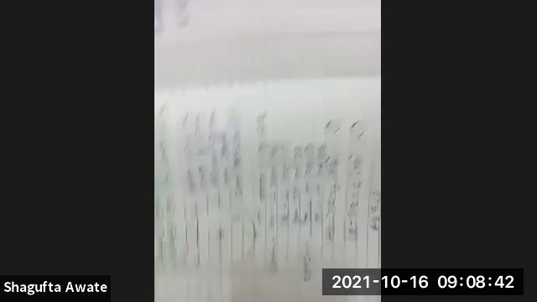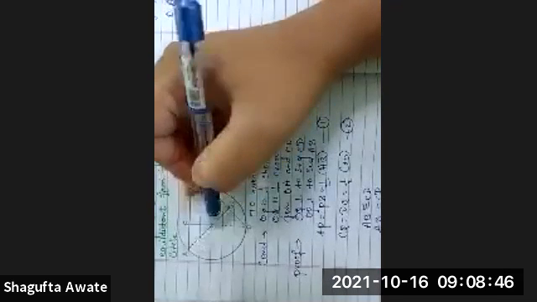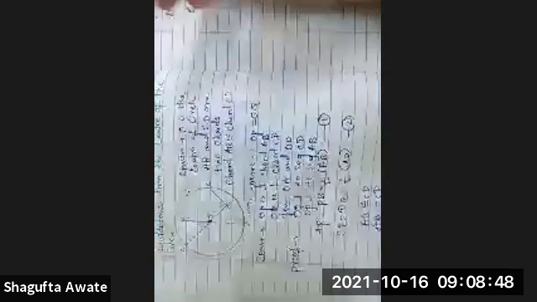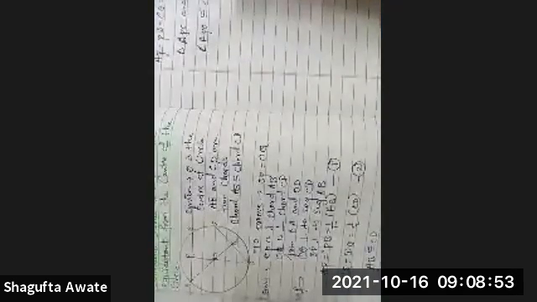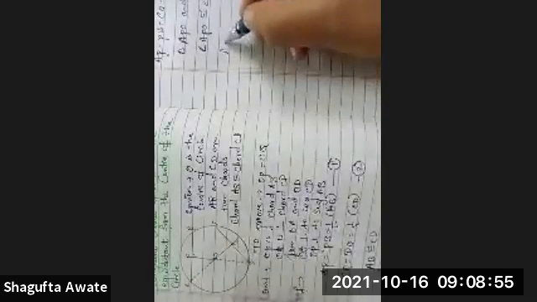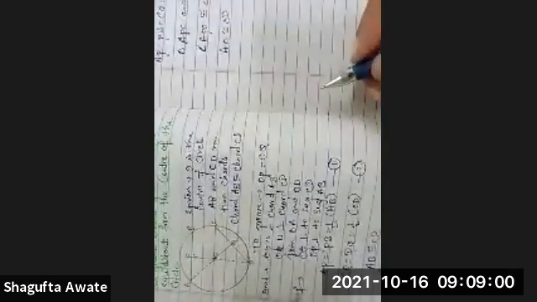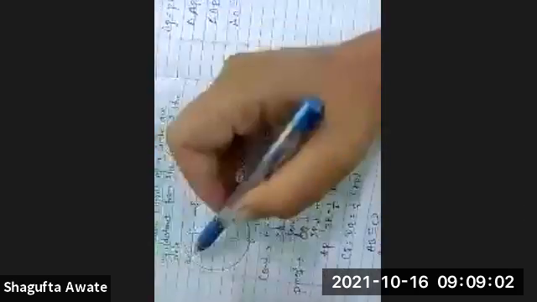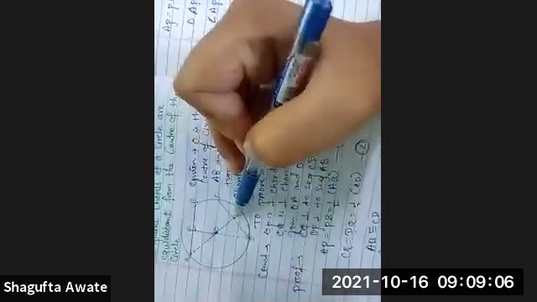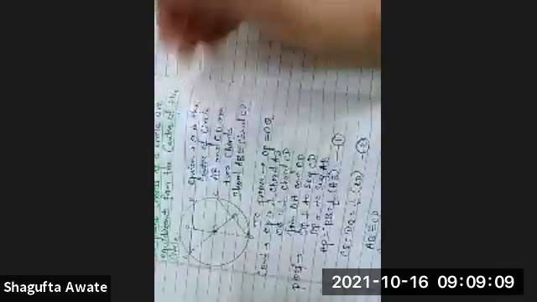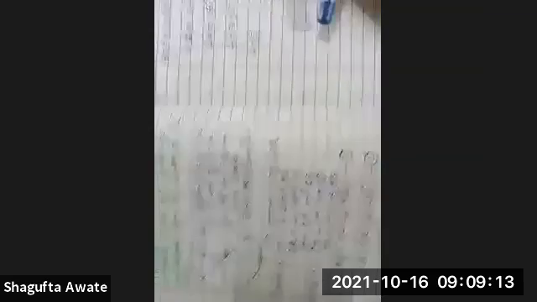So here AO is congruent to OD because these are the radii of the circle. Both are the radii, and the radii of the same circle are congruent. So we can write AO is congruent to OD. AP is congruent to QD because from the right angle hypotenuse side.